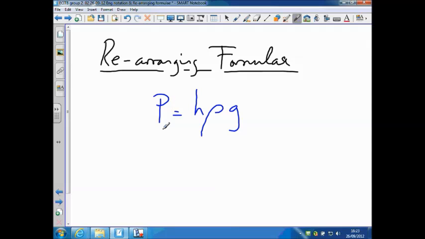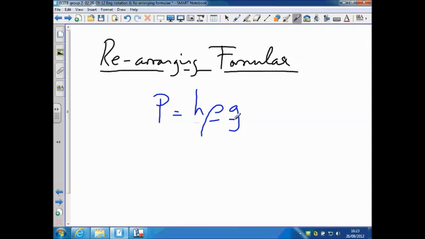But there may be a few formulae that you could use to find the pressure, depending on what you're given and what you know. So the first thing to do is to identify the formula that you need to use. If I want to find the pressure using this formula, I need these three things: the depth, the density, and g, the acceleration due to gravity.